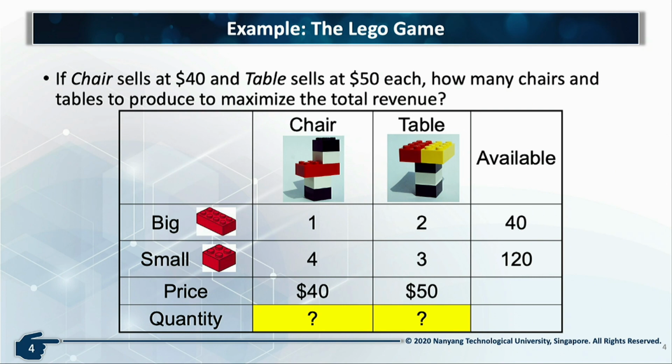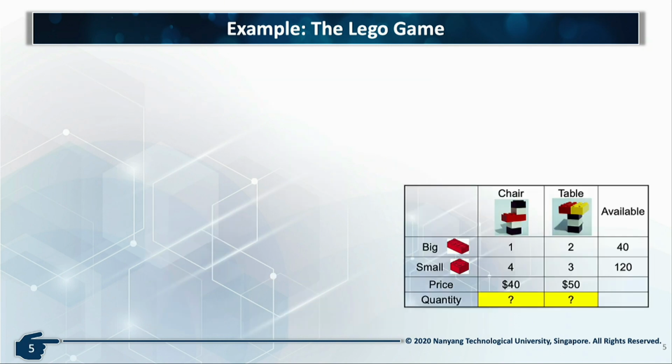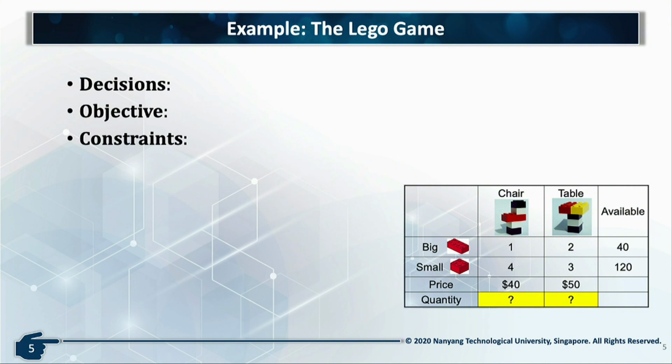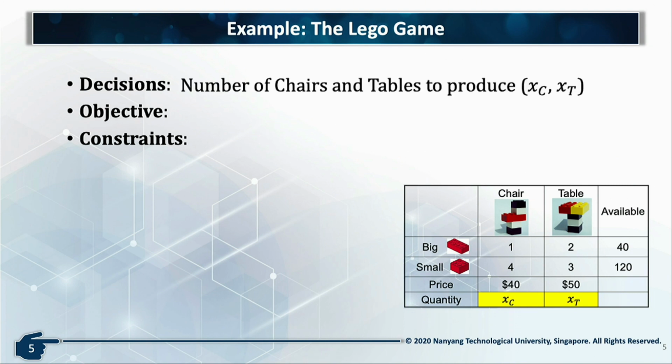And now, let's try to formally formulate this decision-making process. Because this is a decision-making process, right? We are required to make some decision. In this case, it is clear we need to determine how many chairs and tables to produce. We can use 2 variables to encode these 2 decisions.